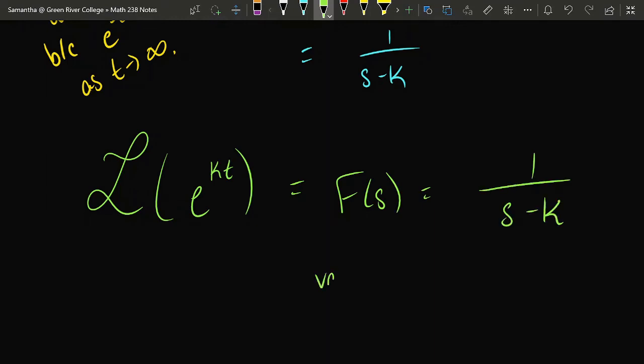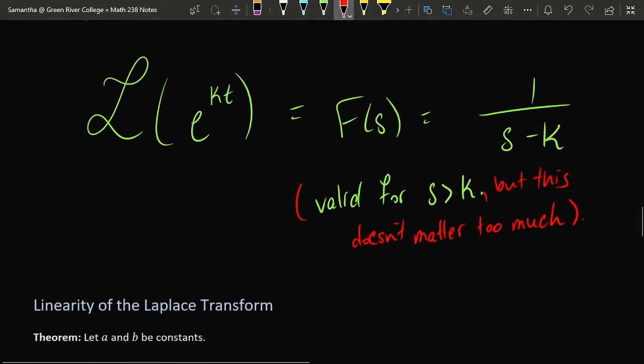And this is valid for s's which are greater than k. Although in practice, this doesn't end up mattering too much. We will never actually have to plug any numbers into the Laplace transform, so we don't have to worry so much about the domain of the Laplace transform.